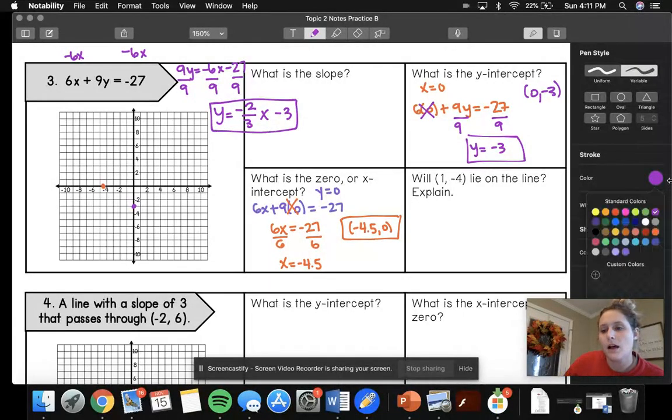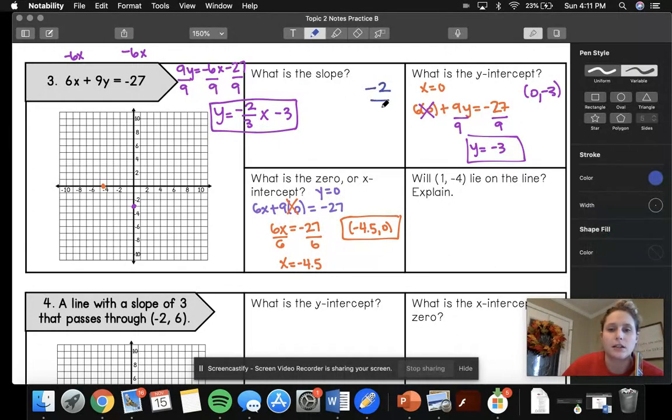Okay. This is important because when it asks what the slope is, if you did solve it, it is very easy to find the slope. If you don't have that and you would want to find the slope from the 2 points, you would again just find the rise over the run, or you would find the slope using the slope formula.